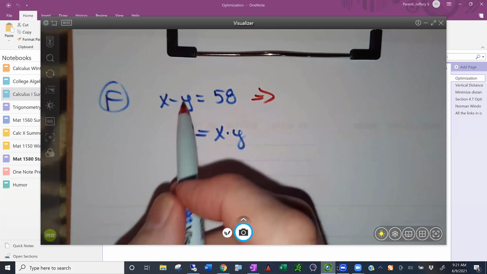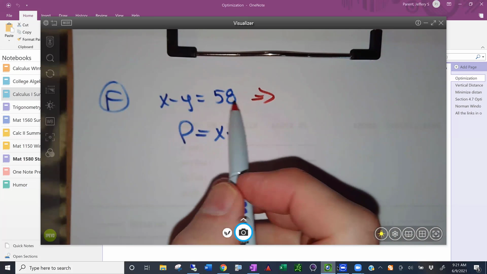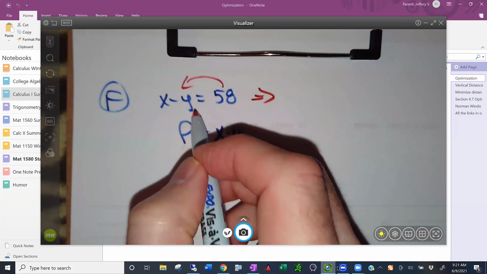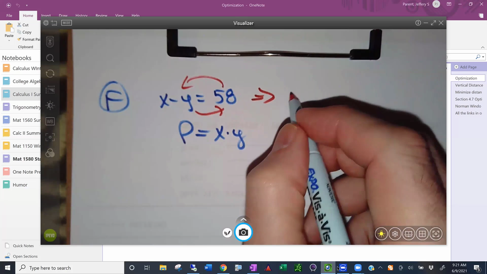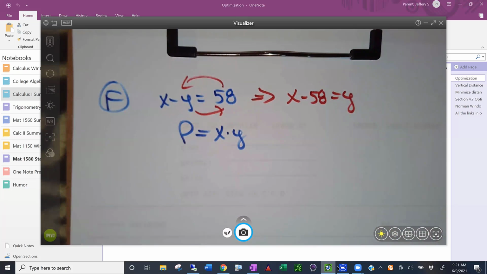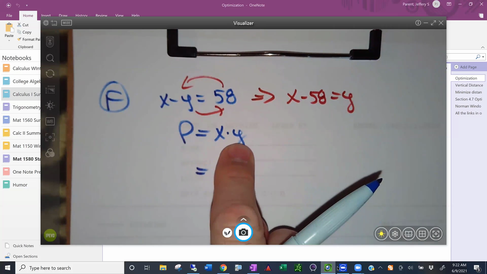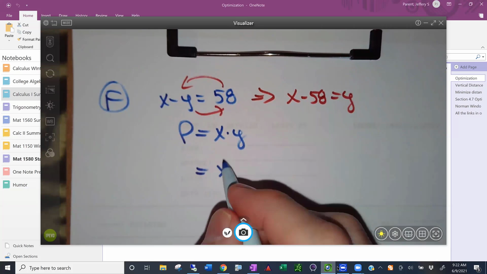Let's move the Y to the other side and the 58 to the other side. That would give me X minus 58 equals Y. Remember, when something changes sides, it changes signs. That actually helps me out a lot, because now we can replace Y here by X minus 58.